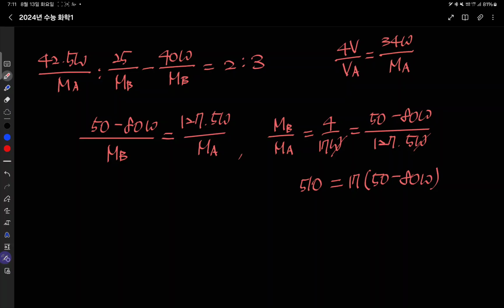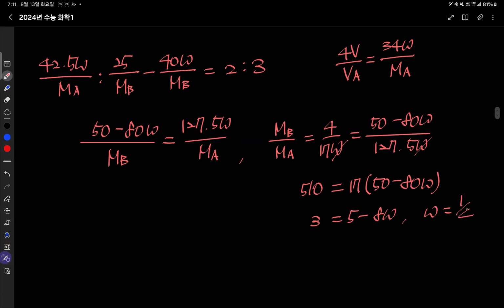If we divide both sides by 17, 30 is equal to 50 minus 80W, so 3 is equal to 5 minus 8 times W. So that means W is 1/4. And if W is 1/4, the ratio between the molecular weight of B and A is 16 over 17.